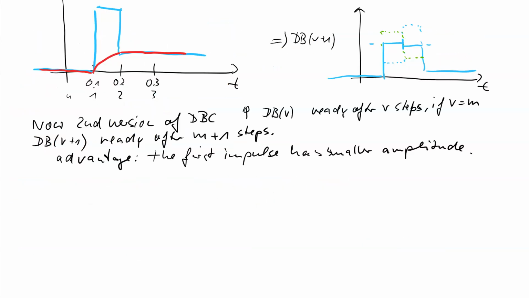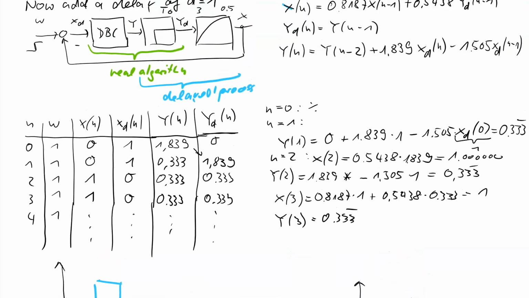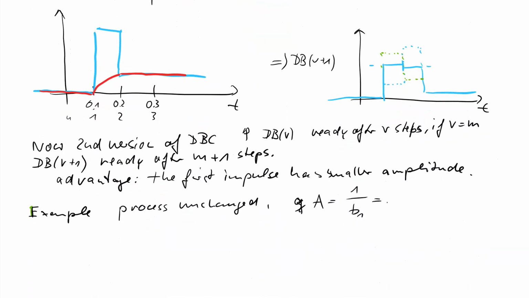Example. Process is the same. Process unchanged. We know the original Q0, or in our case the A, is 1 divided by B1, which is 1.839.